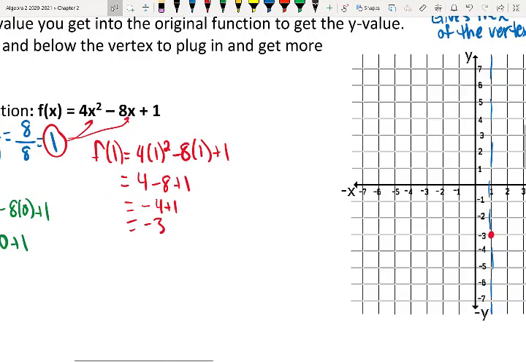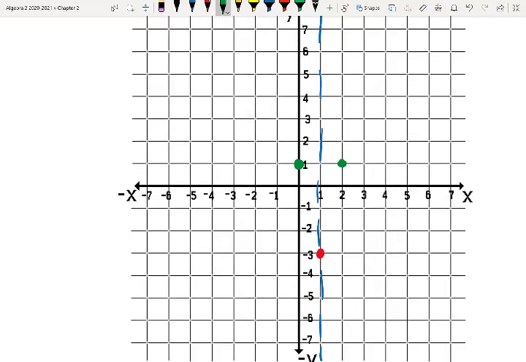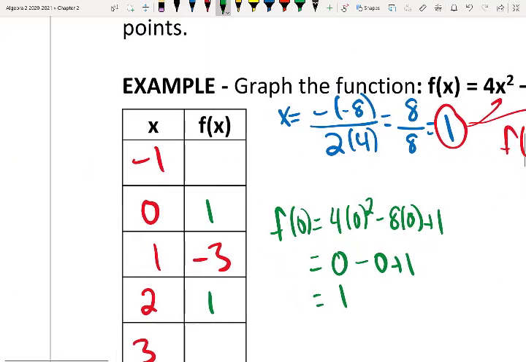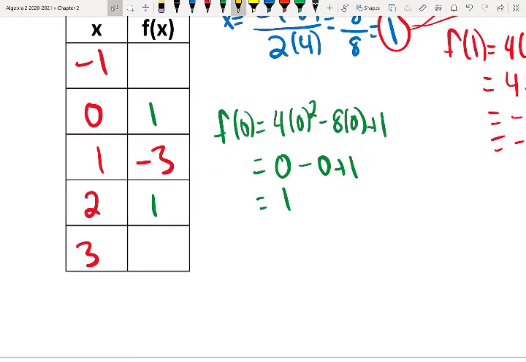Because if you look at my graph, 0, 1 means 2, 1 as well. Right? If I just reflect that over my AOS, then I'm good. Okay. For my last one, you could either do negative 1 or you could do 3. It's kind of up to you in terms of personal preference with which one is easier for you to evaluate.